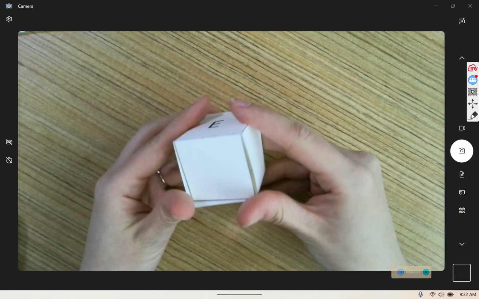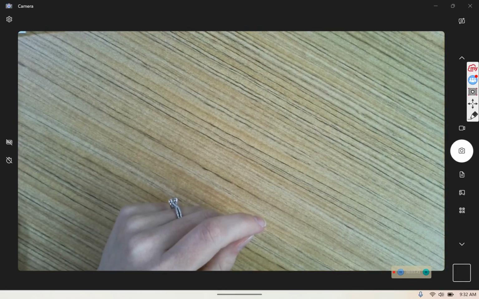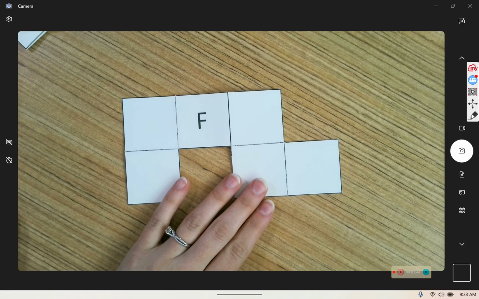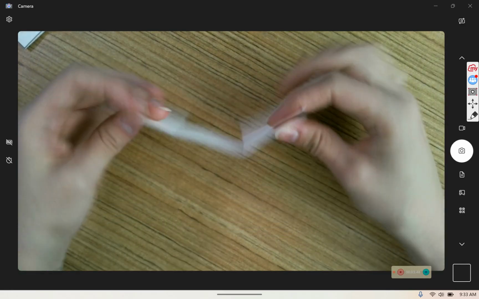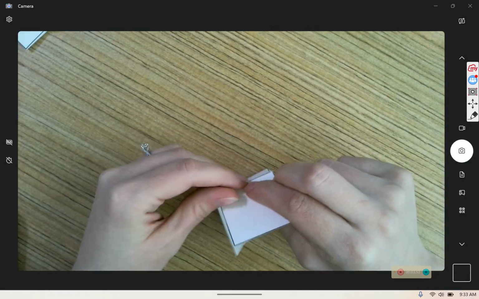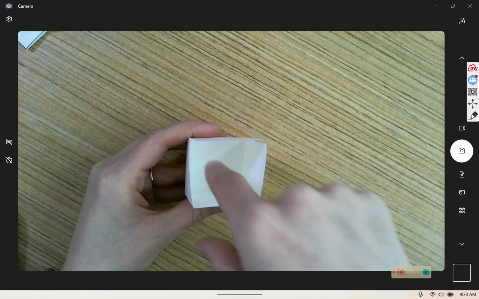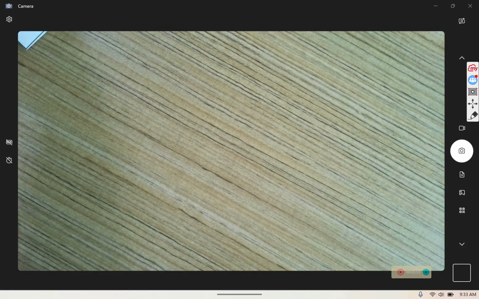E does close all faces of the cube. F. Oh, these ones overlap here, so we're going to end up with an open gap, so F does not create a cube.